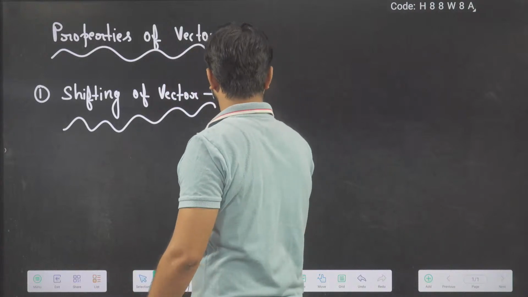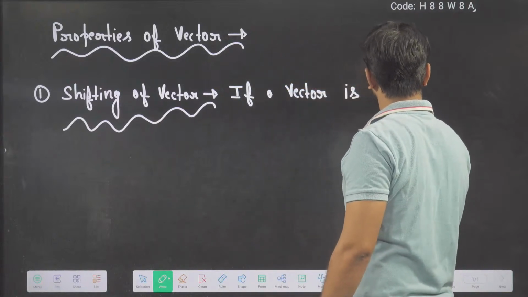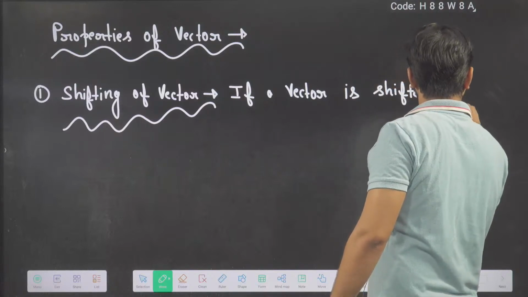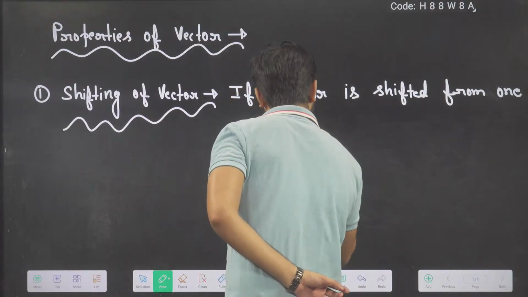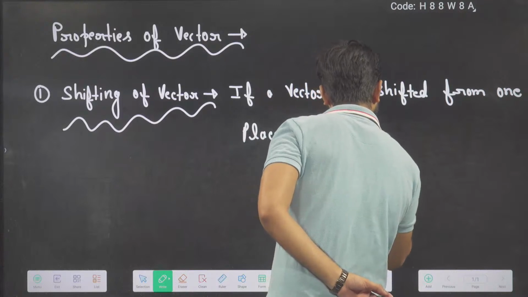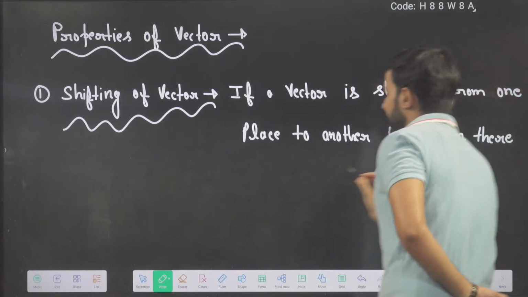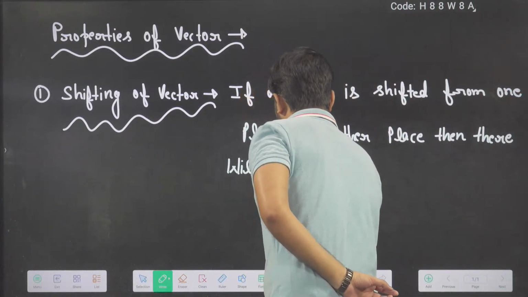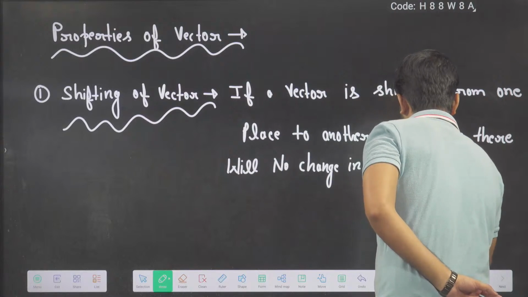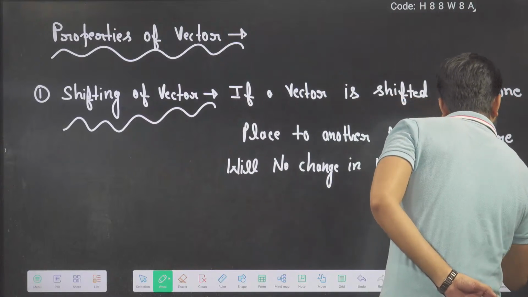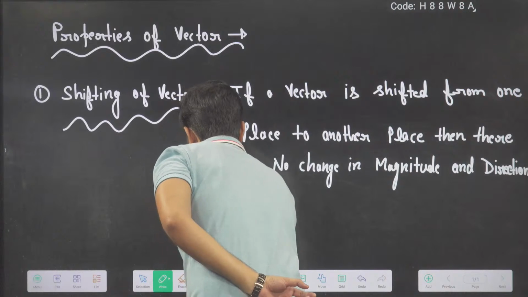if a vector is shifted from one place to another place, then there will be no change in the magnitude and direction of the vector.